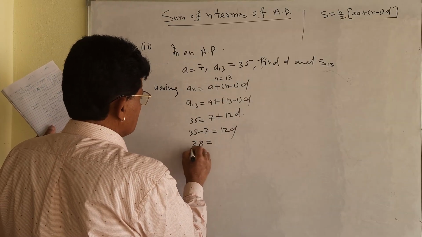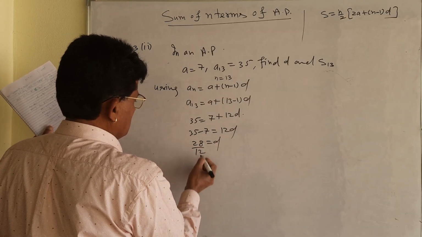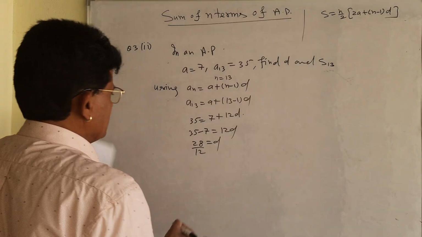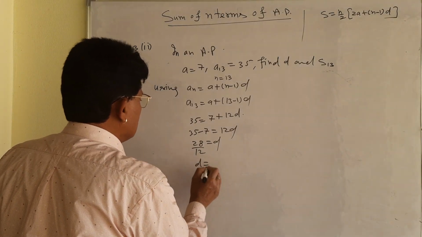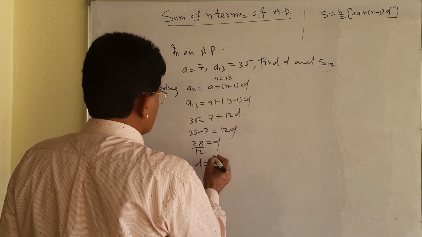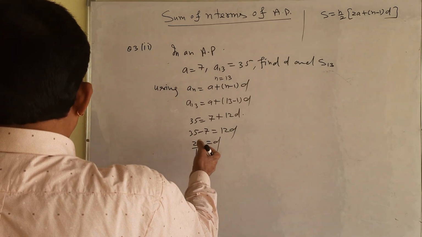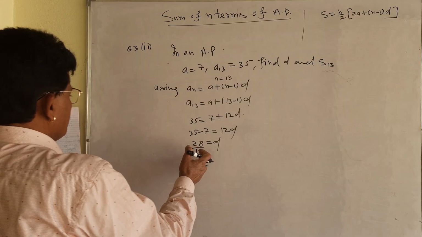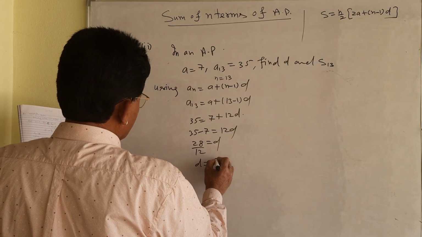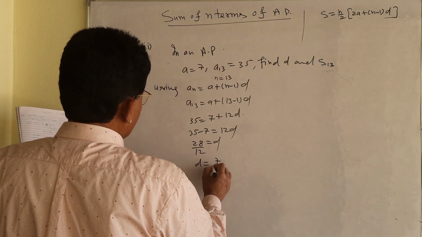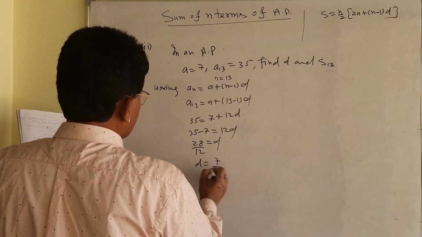I think you may cancel it. d will be equal to how much? You cancel both by 4. d is 7 by 3.